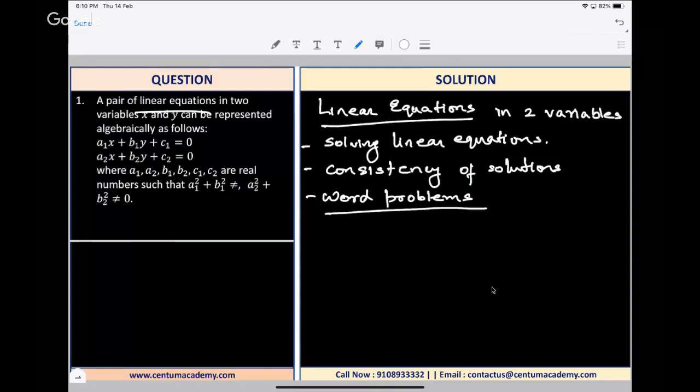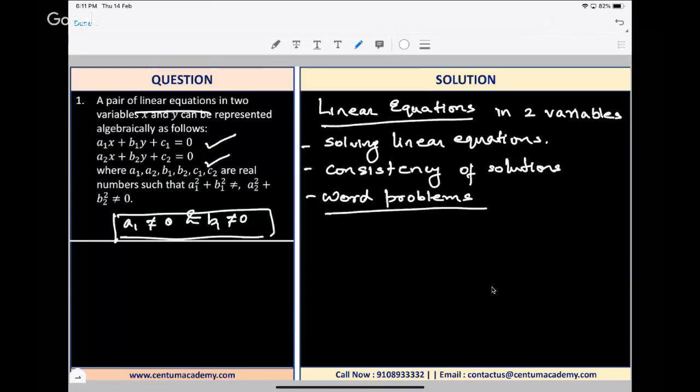So a pair of linear equations in two variables x and y can be represented algebraically as follows: a1x plus b1y plus c1 equals 0, and a2x plus b2y plus c2 equals 0, where a1, a2, b1, b2, and c1, c2 are real numbers such that a1 and b1 both together cannot be 0 simultaneously.